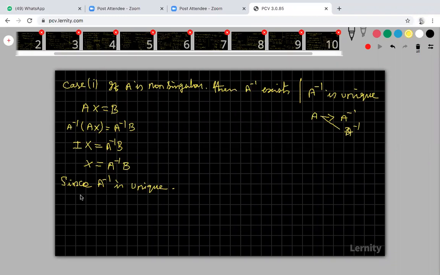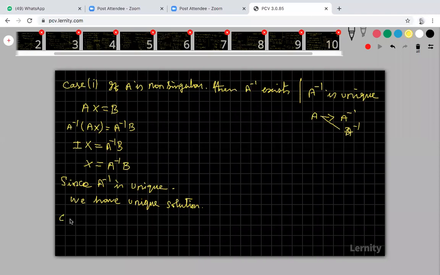This matrix equation provides a unique solution. Unique solution means only one solution. Since A inverse is unique, we have a unique solution only.